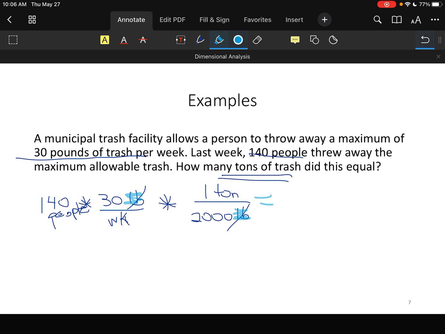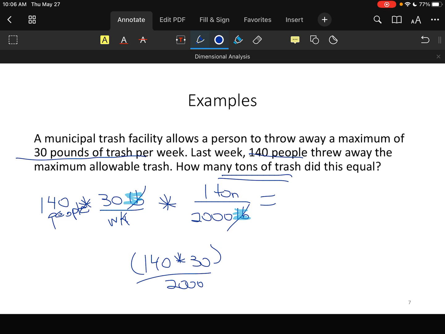Oops, back up. All right, so if I'm using my calculator, you can actually type it just like this. If you want to be safe, you can put that numerator in parentheses. You don't have to, but that's just an extra step.